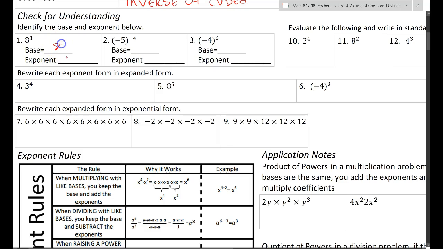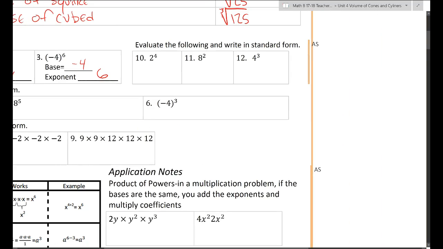The base of this is 8. The exponent is 3. The base of this is negative 5. The exponent is negative 4. The base of this is negative 4. The exponent is 6. Now, it wants us to evaluate these. So let's go through.